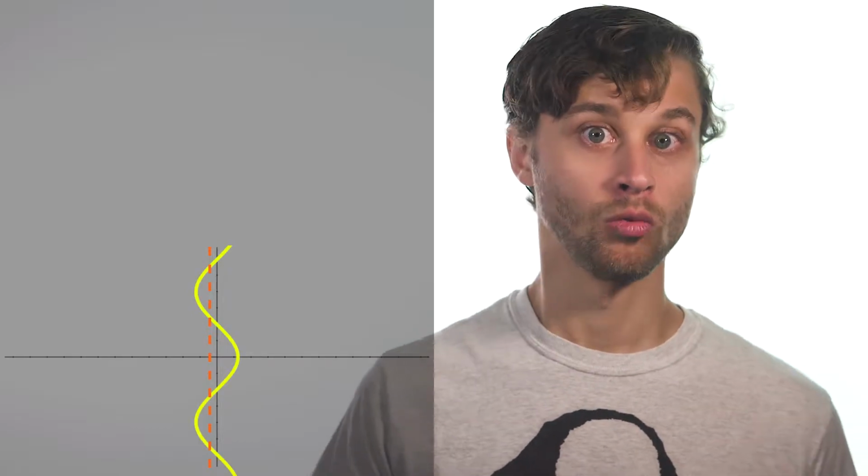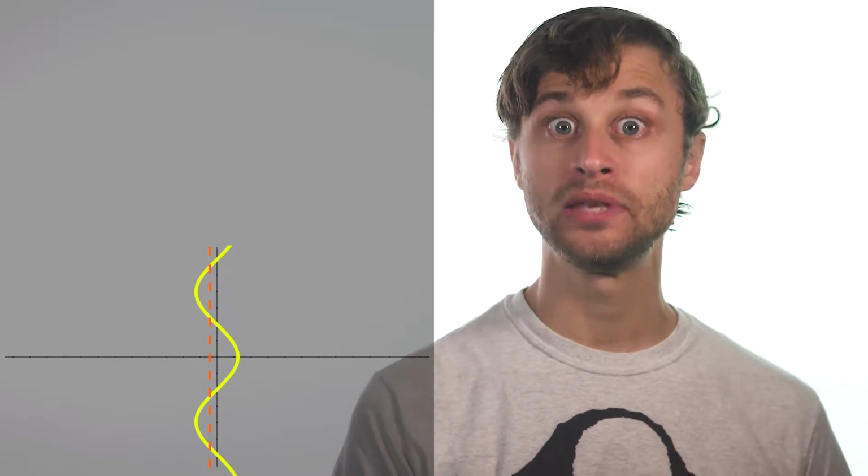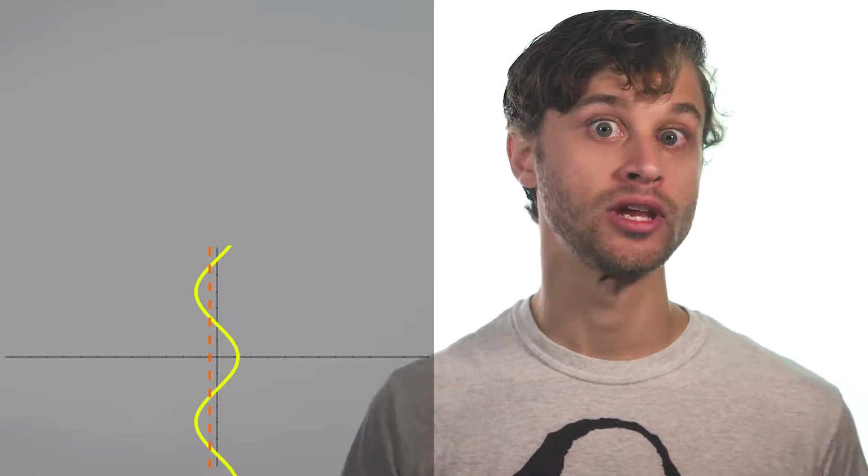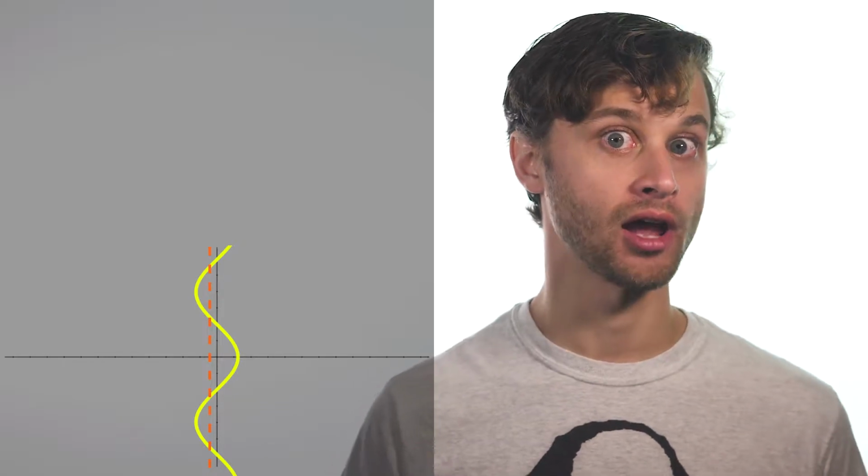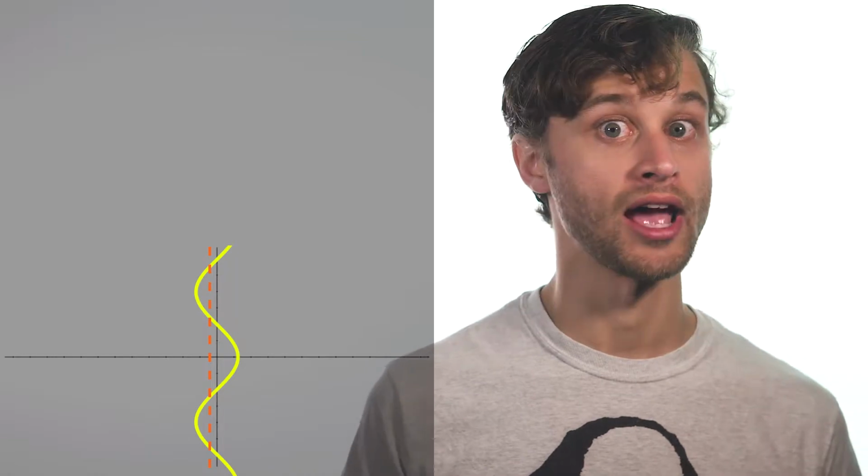We could define arc cosine along any interval where it passes the vertical line test, and that corresponds to any half period of the function between 0 and pi on the y-axis. Now we could define this function along any interval of pi along the y-axis, so 0 to pi, pi to 2 pi, 2 pi to 3 pi, etc.